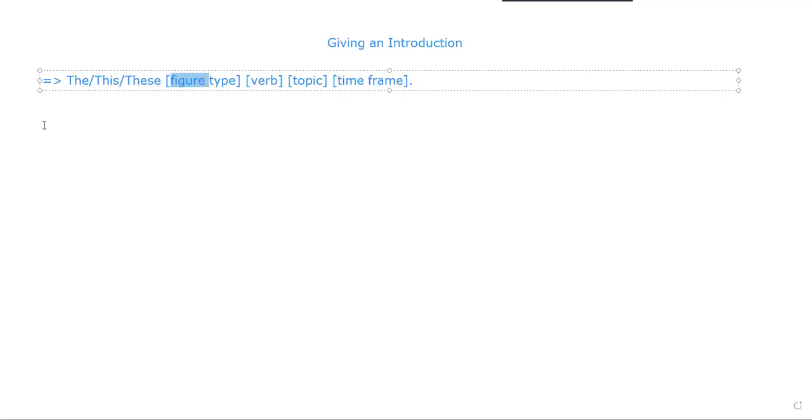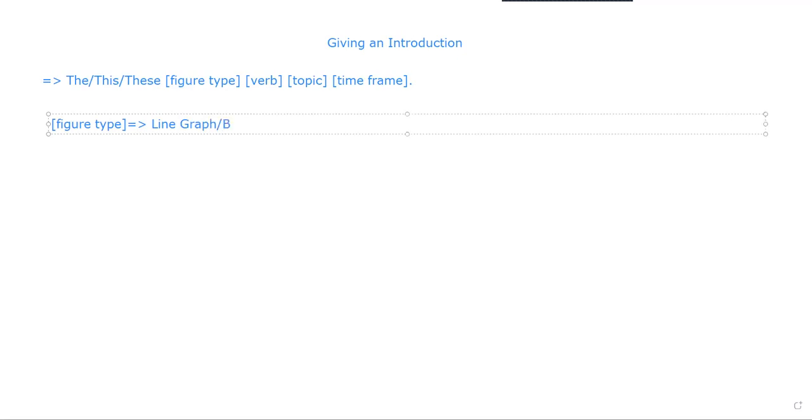Now let's talk about what we mean by these things. Figure types, we have already talked about this, but let's revisit. Figure type means the names of the specific figure. For example, it can be a line graph, or a bar graph.